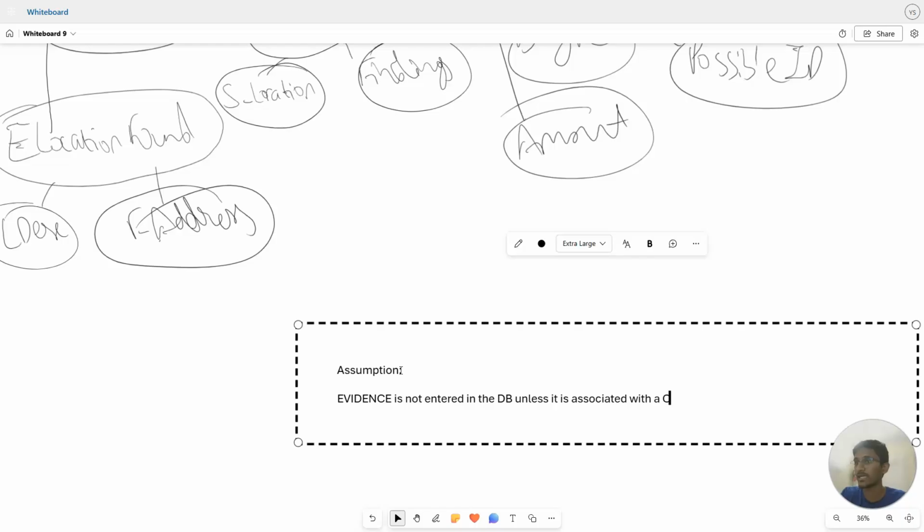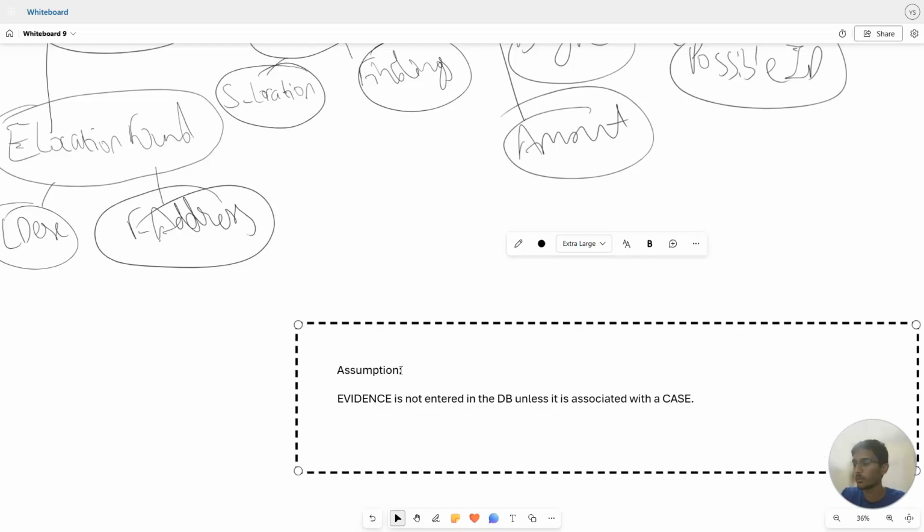Remember, that's what we decided, and that's why it's going to be a weak entity. A case may not have involved anyone yet, but it's okay to enter a case record in our database before people are involved.